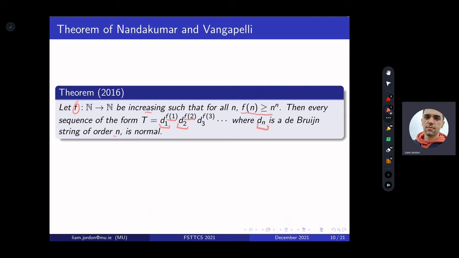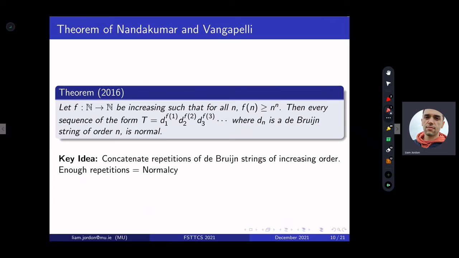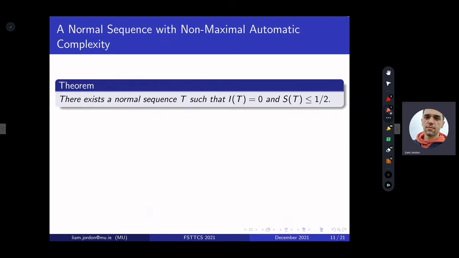So again, the key idea is just to concatenate repetitions of de Bruijn strings of increasing order, and if you have enough repetitions, you're going to get normalcy.